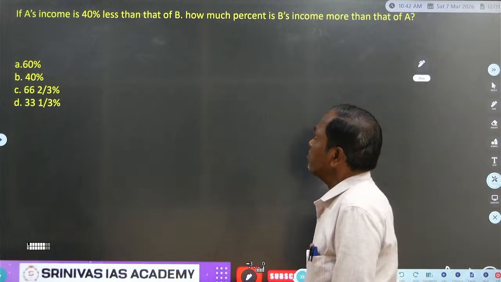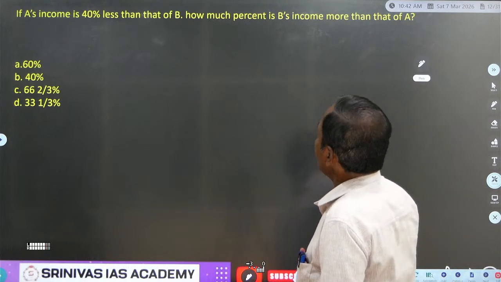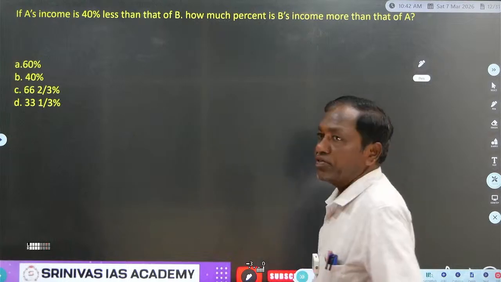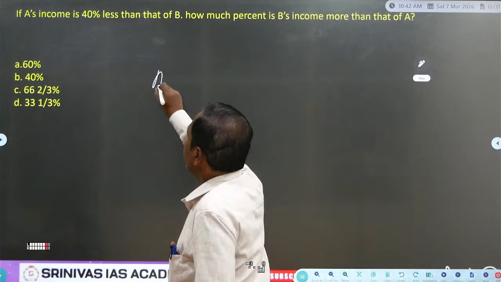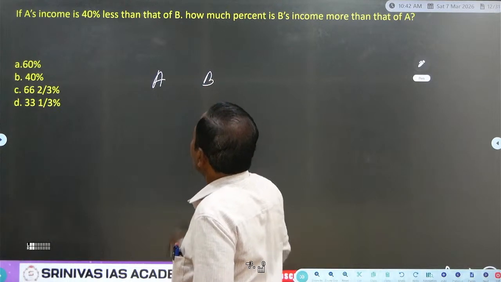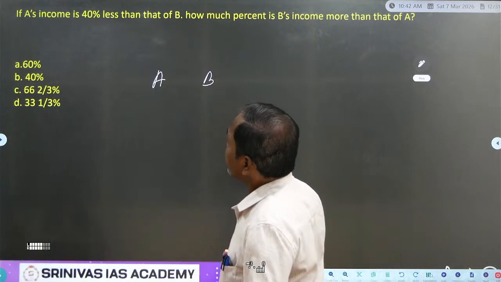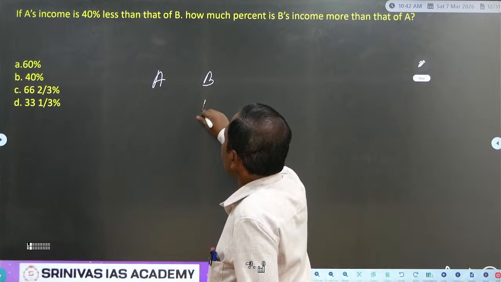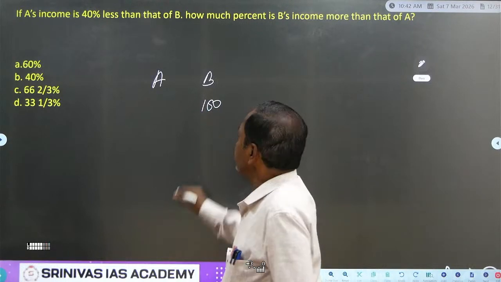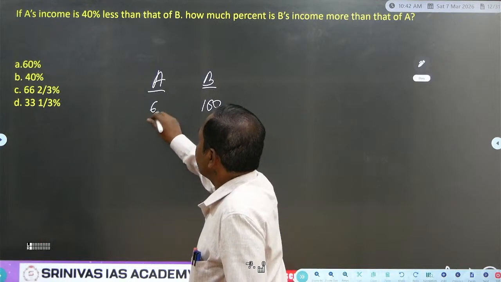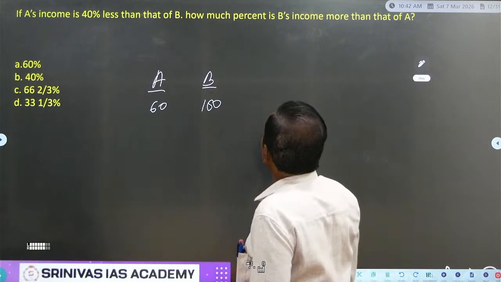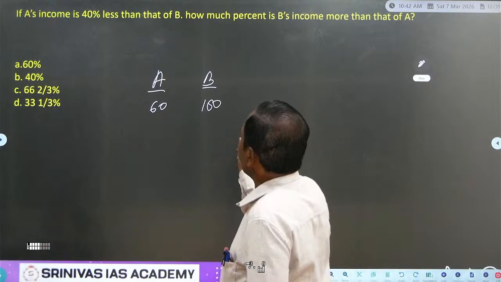A's income is 40% less than that of B. How much percent is B's income more than that of A? Same again. There are two people, A and B. A's income is 40% less than that of B. Let B's income be 100. 40% less means what? That is 60.